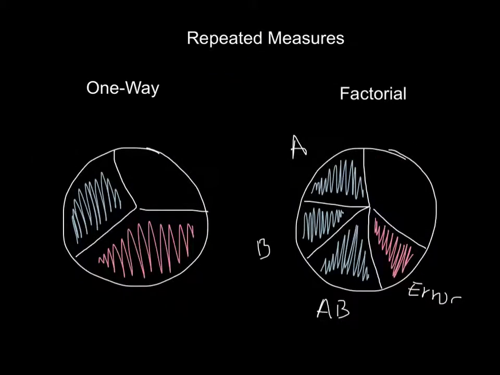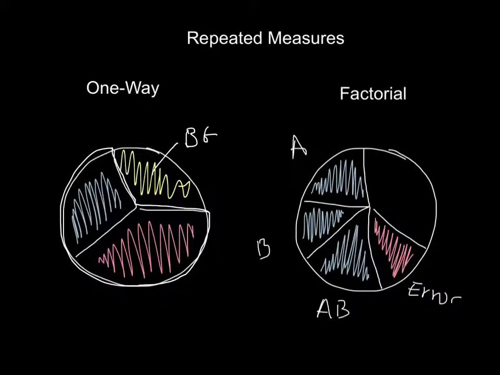This all switches when we get to a repeated measures component. In this repeated measures component, now what we have over here is partitioning where everything here is considered within groups. This part is considered between groups. Between groups in this situation is really a constant that gets removed out of the equation.